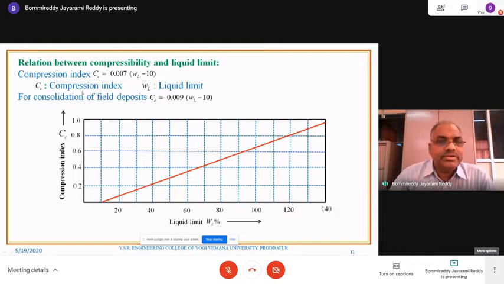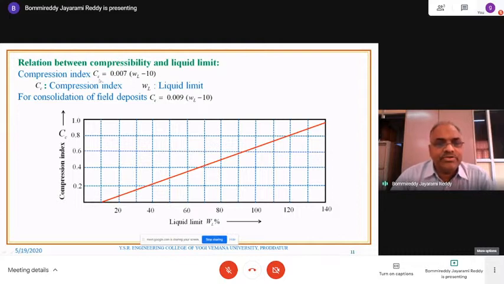Next one. Normally, this compression index depends on the type of soil and the magnitude of the liquid limit. An empirical formula was developed for finding the compression index, because the diagram may not always be drawn. So in such cases, depending upon the type of soil, which depends on the various contents of fine material, naturally it affects the liquid limit.